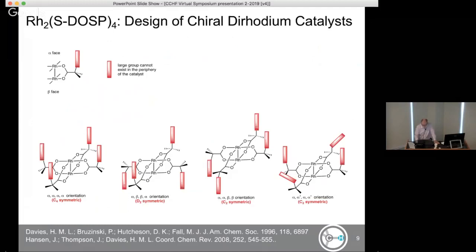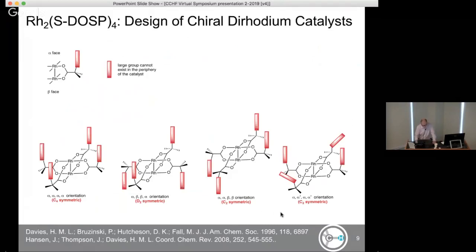So we imagined that if say, the aryl sulfonyl group on the proline was a really big group that either had to point up or down, but not on the edges of the catalyst, then you could potentially have a complex that's much higher symmetry than the catalyst itself.